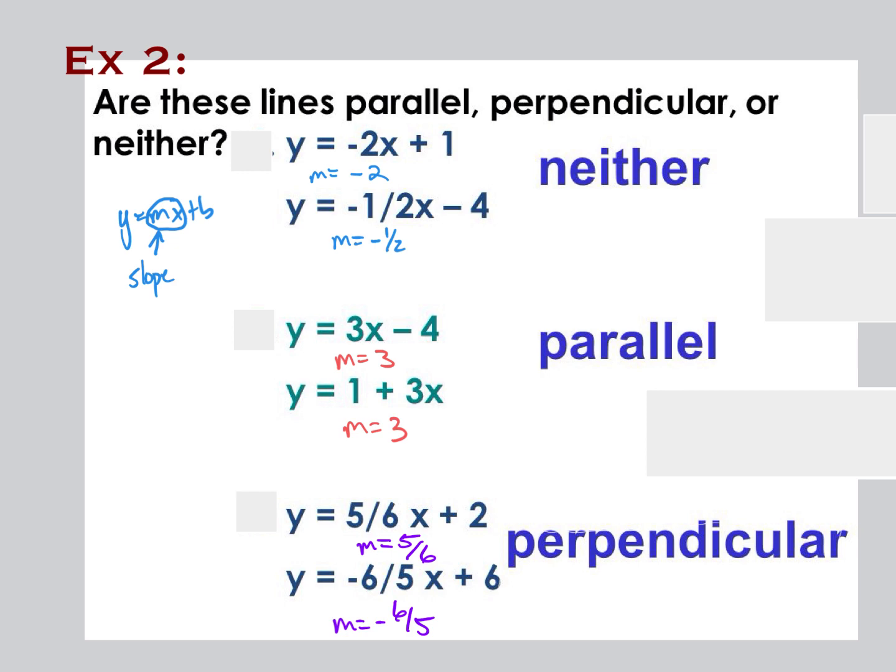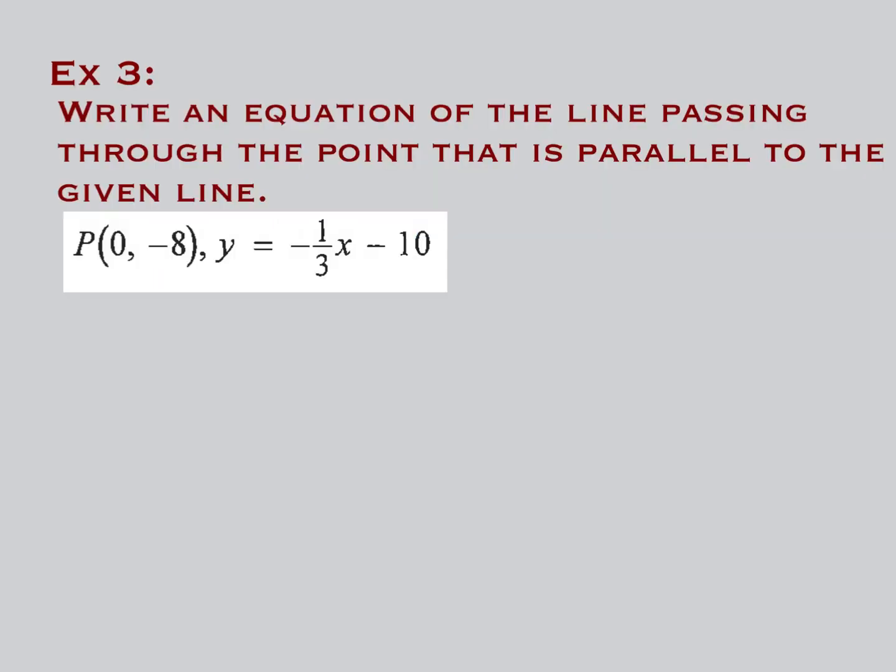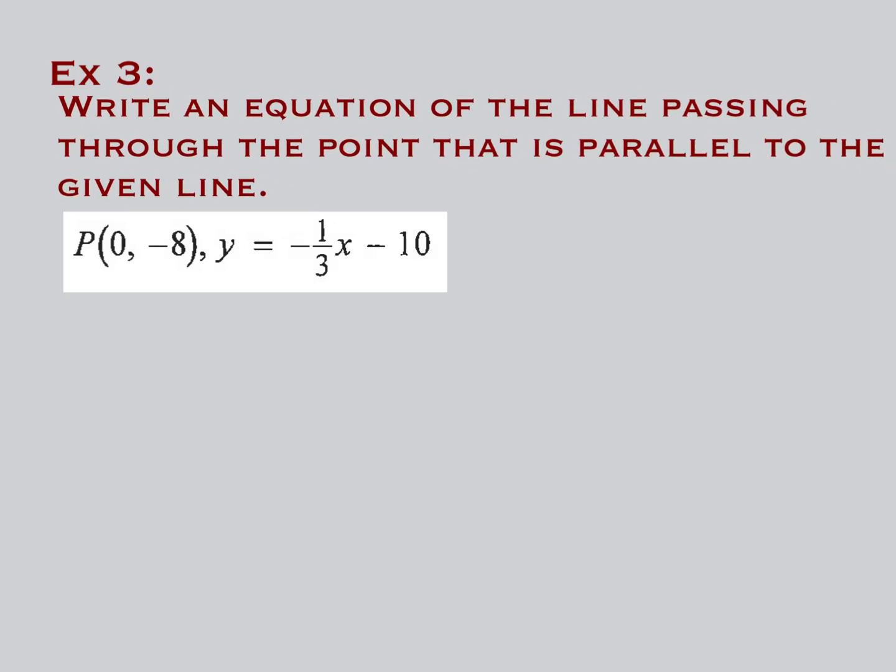Anybody still copying or anything? All right, write what's in the white box and then just make note that we want the parallel. So the first thing we've got to do is find the original slope. Caden, when we look at this equation here, what's the original slope there?